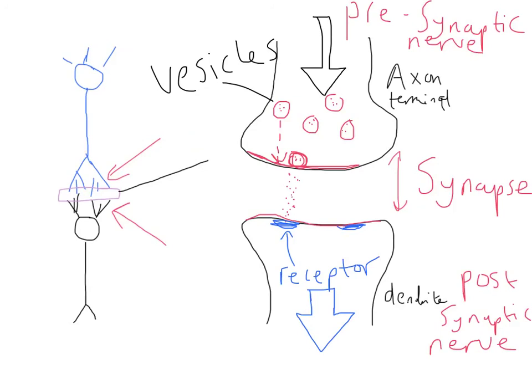It will then burst and release the neurotransmitter across the gap, and that will bind with a receptor on the postsynaptic membrane. And should that happen, another nerve impulse would be generated, and that would pass down through that dendrite into the postsynaptic nerve, and the nerve impulse would continue on.